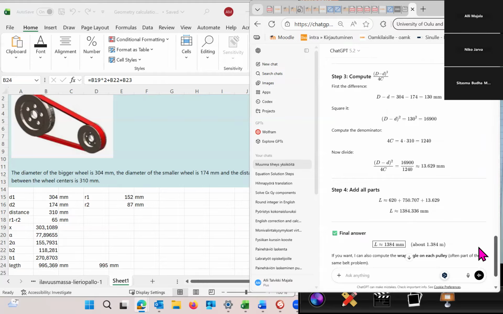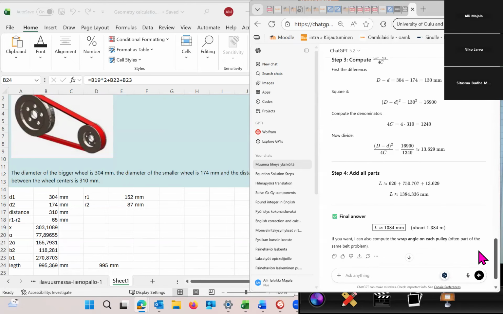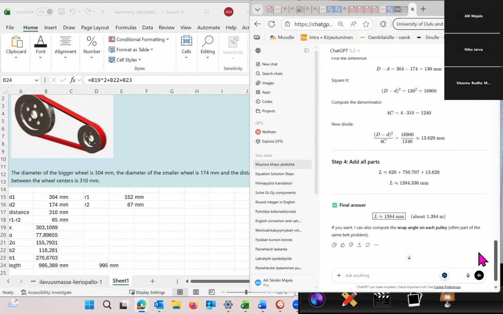But now 85, it gets actually 84. Then the problem with this is it doesn't draw you a picture how it did it.